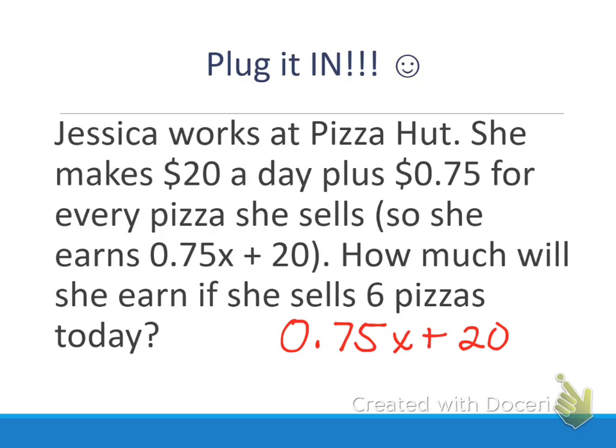And then it says that she sold 6 pizzas. So x represents the number of pizzas, and it's 6. So what are we going to substitute for x? 6. Okay, go ahead and work out that math real quick.